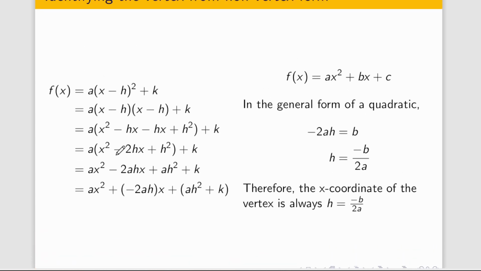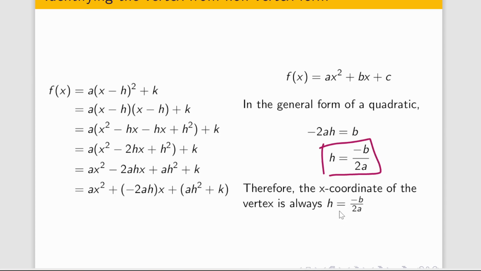In particular, if it's not given to you in vertex form, a way that you can figure out the vertex is this nice, beautiful equation. I've included a proof of why this equation works, if that interests you. But the short of it is that you can find the x-coordinate of the vertex by doing -b over 2a. That's always going to be your x-coordinate of the vertex.